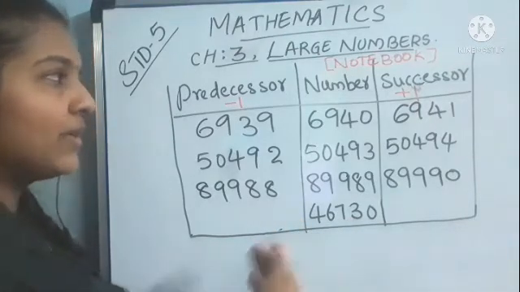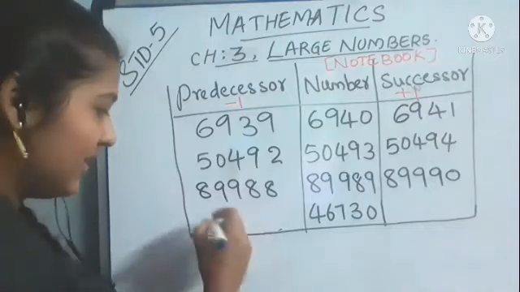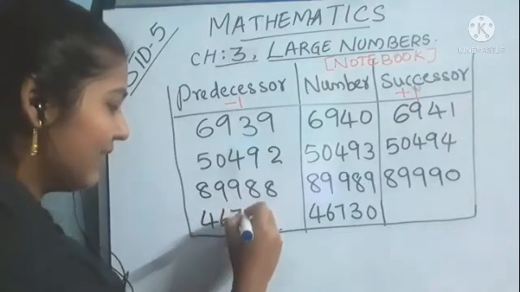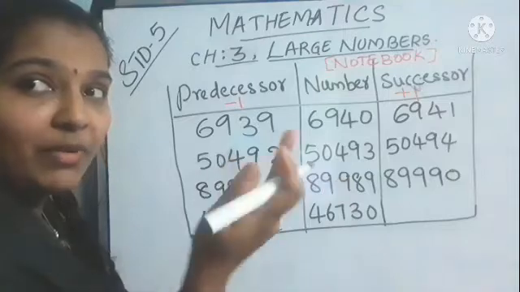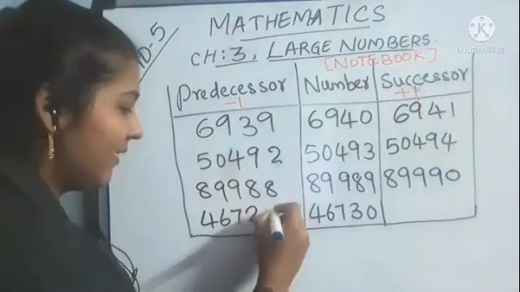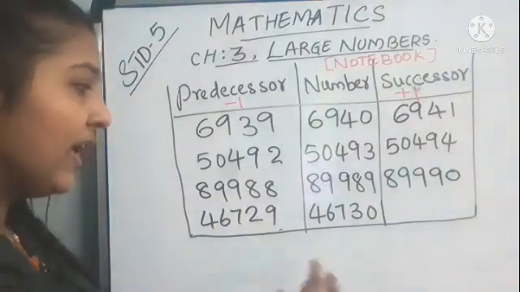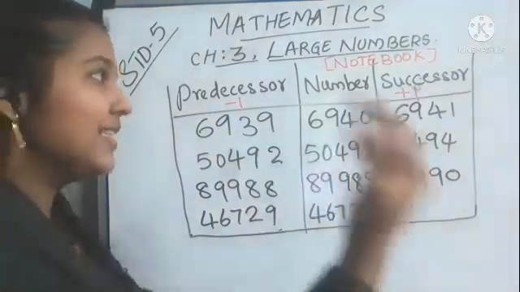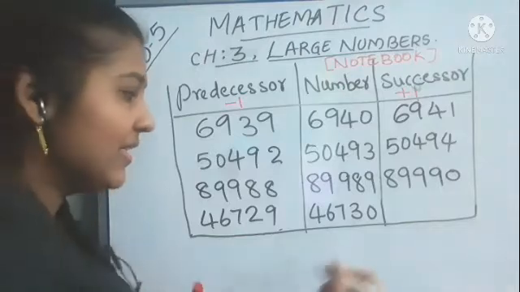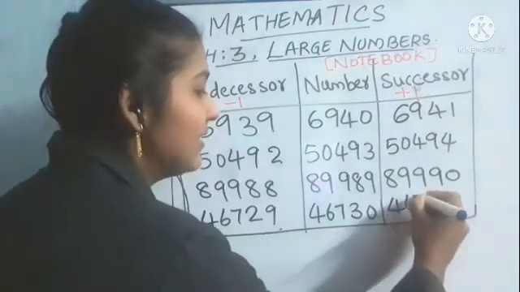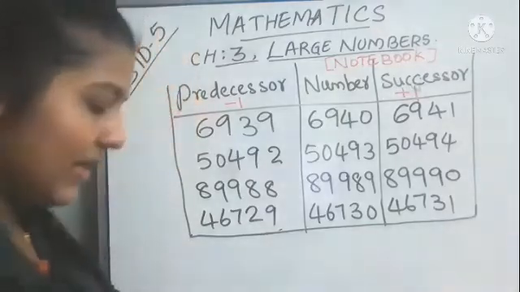46,730. So what is the predecessor? Predecessor is 46,730. 30. Before 30, 29. Okay, 46,729. Now, after number, that is successor of this number, that is 46,731.